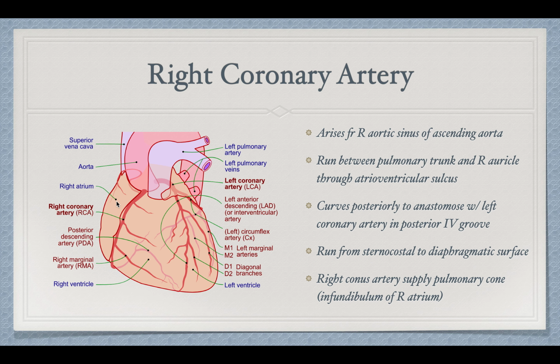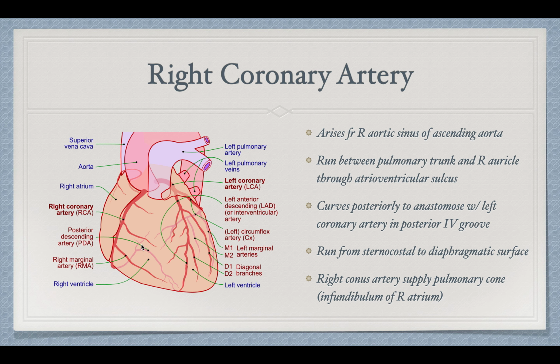So it is important to know that the right coronary artery runs down in the front of the heart through the atrioventricular sulcus, and it curves around and anastomoses with the left coronary artery in the back in the posterior interventricular groove. So the front is going to be the atrioventricular sulcus, and in the back is the interventricular groove.